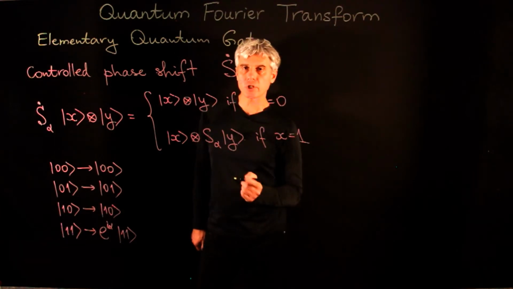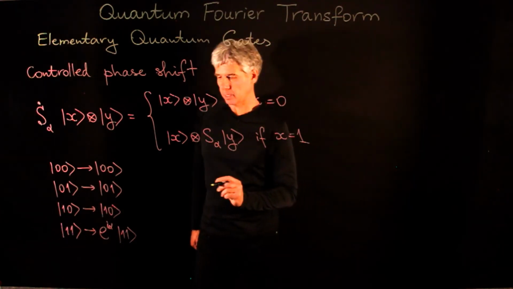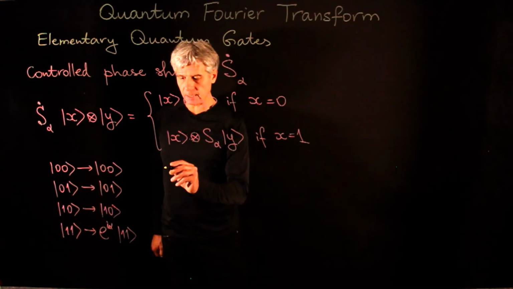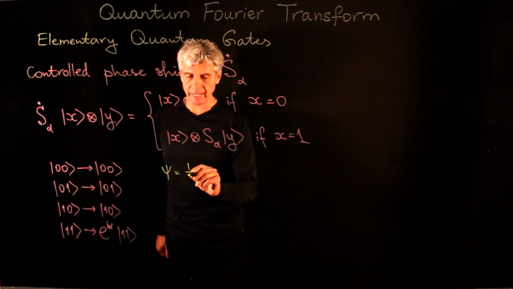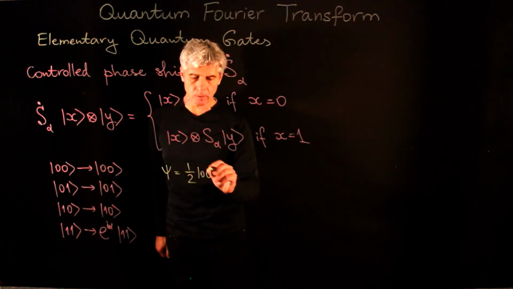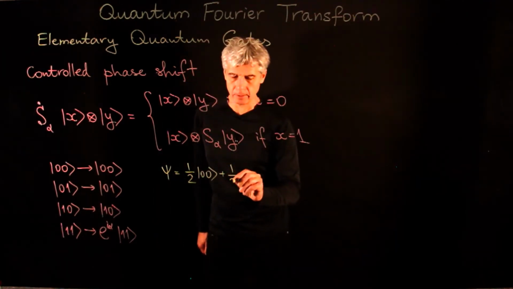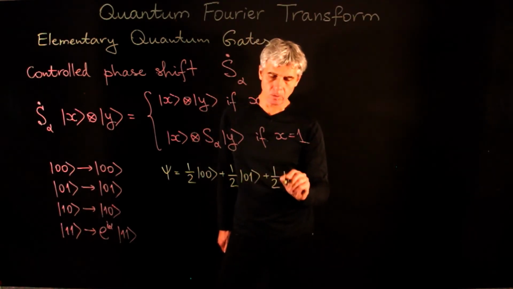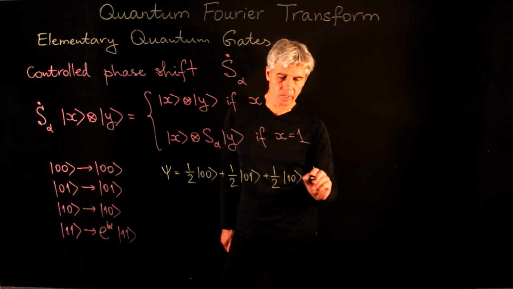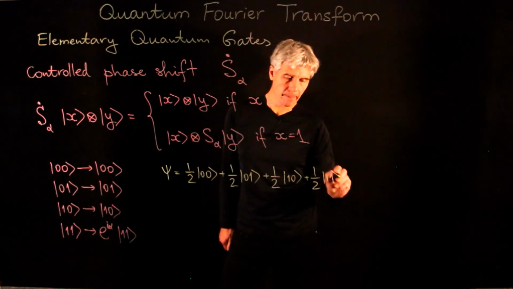Now, with this transformation, we can already create entanglement. So if we look at the state psi, which is the following: 1/2 |0,0> plus 1/2 |0,1> plus 1/2 |1,0> plus 1/2 |1,1>.